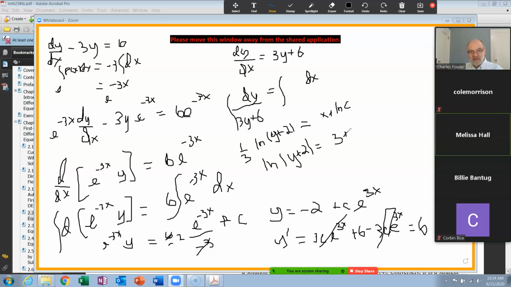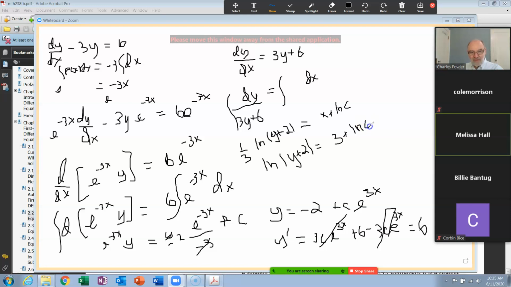But then let's just say that's log of c. I just don't like to write lots of exponents. It's a different c from the first one, but it's still a constant. That c is c cubed from above.